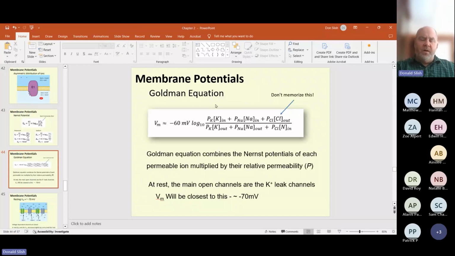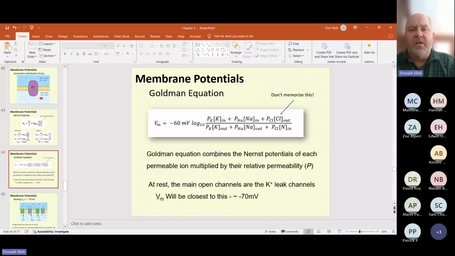When the sodium channels are closed, the potassium is going to control the membrane potential. When the sodium channels open, sodium will control the membrane potential, so the membrane will swing towards it. We'll see that again in a minute.